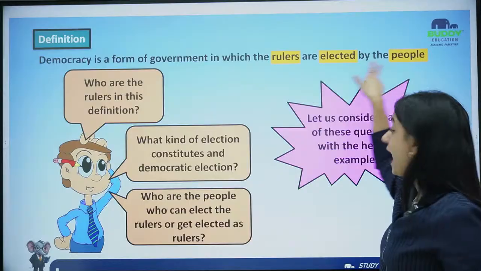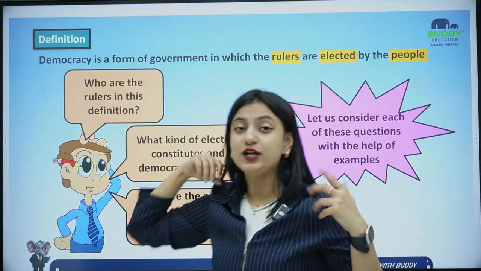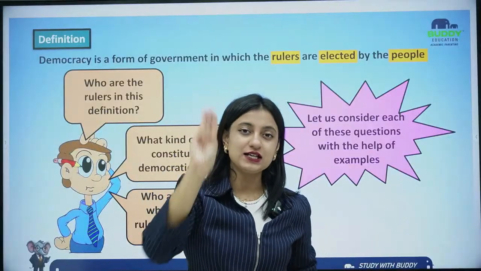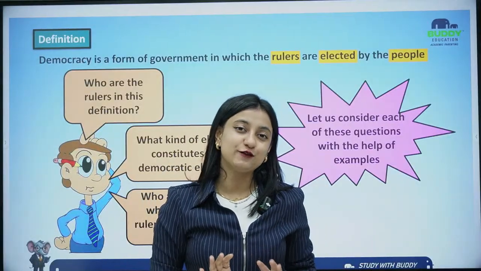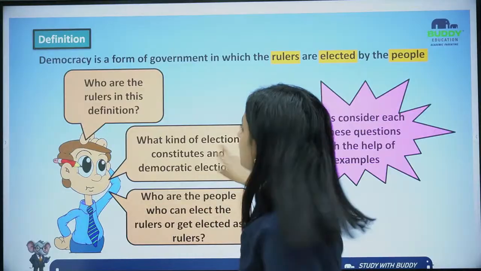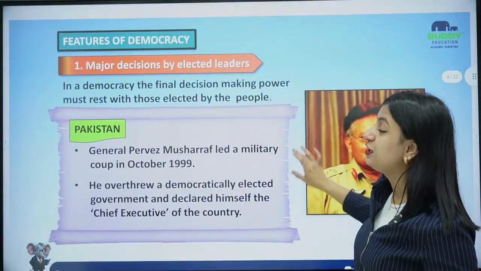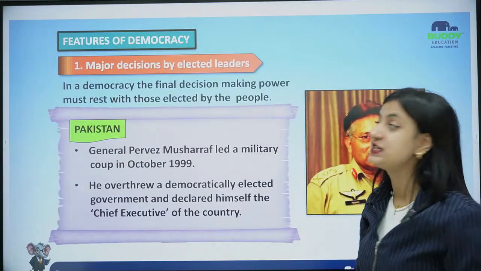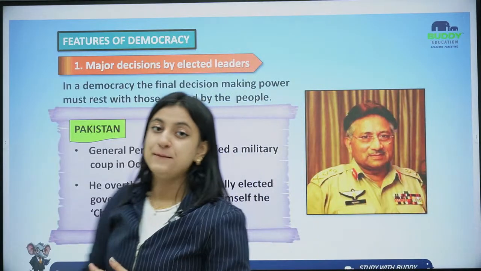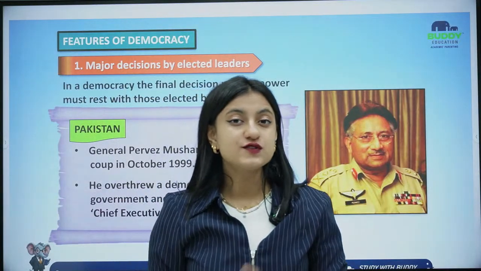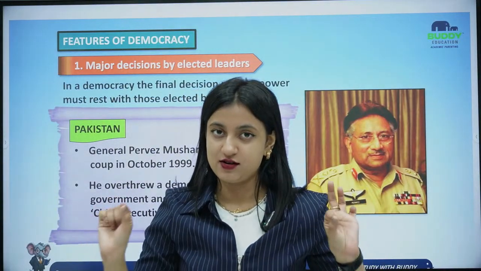You'll understand this by the end of the chapter through a variety of stories. So let's move ahead and see the first feature of democracy: major decisions by elected leaders. Now, you have to focus on the word elected here. Why?